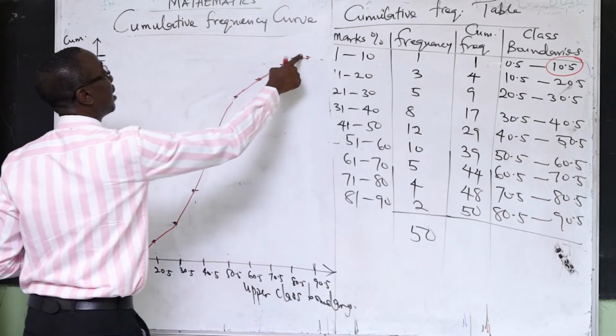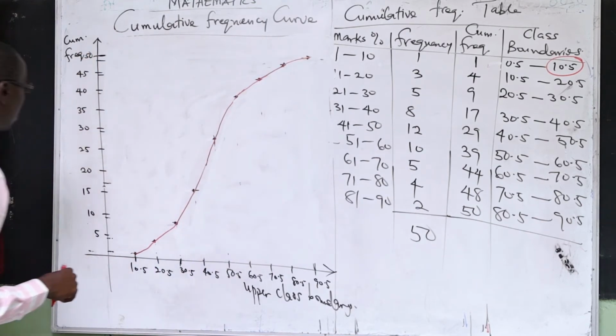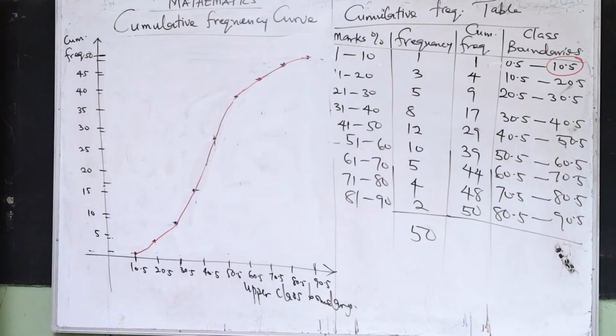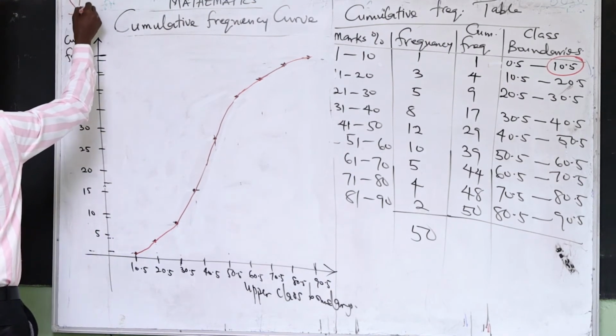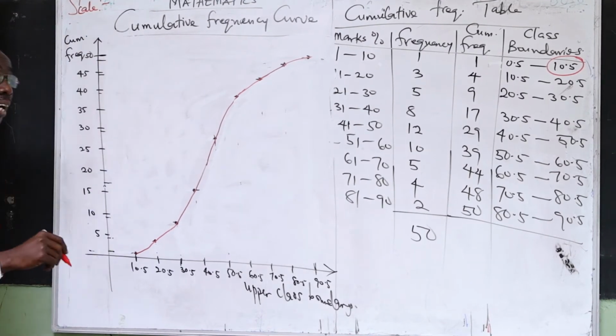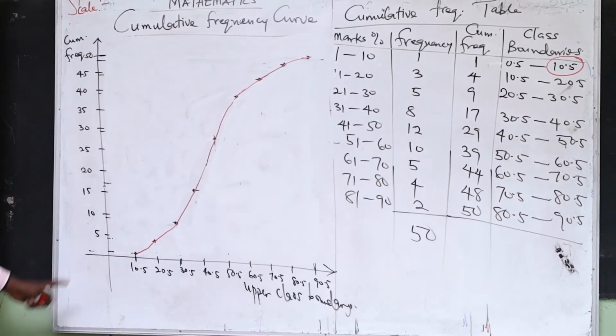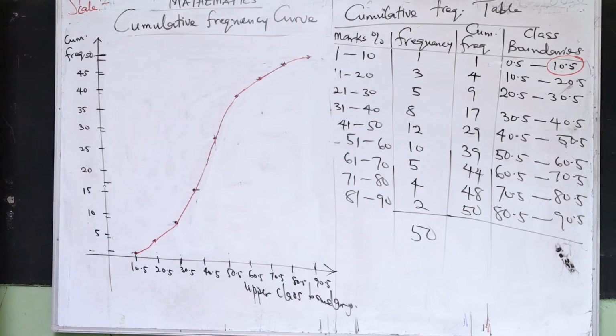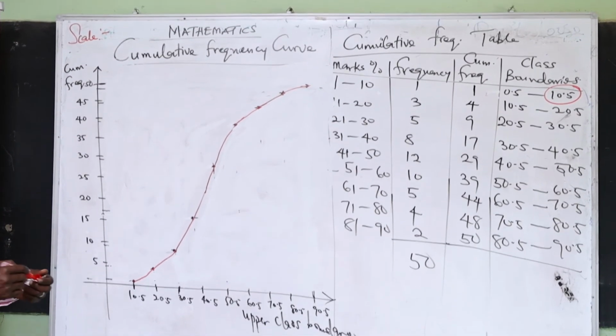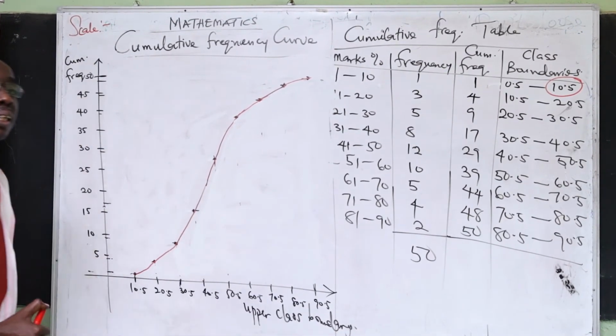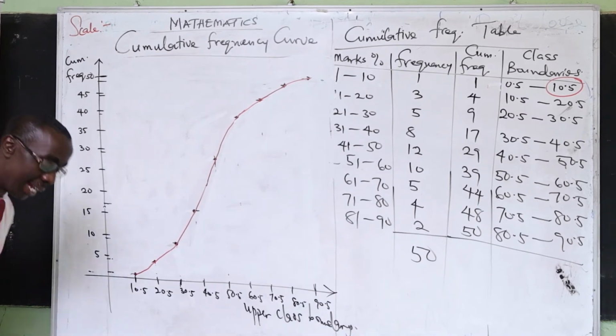Okay, can we take the first question? Use the curve. Please remember that you need to write your scale. What is the scale for this graph? 2 centimeters represent 5 units on the y-axis, and 2 centimeters represent, that is a lie, 10.